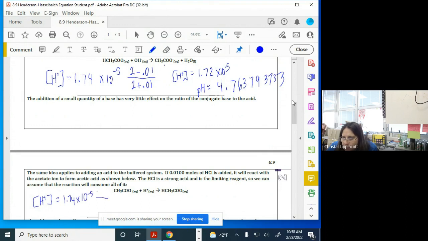This is going to be 2 and 2, but this time, instead of subtracting from the top, we're going to add it because we're adding an acid. So plus 0.01, minus 0.01 on the bottom. 4.76. Lower. But you can round it.